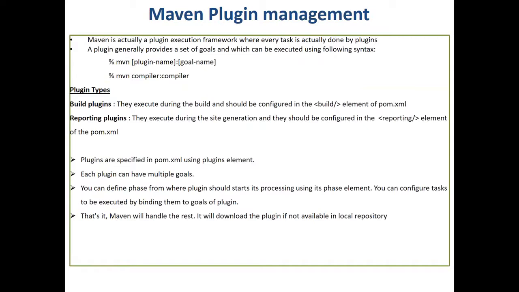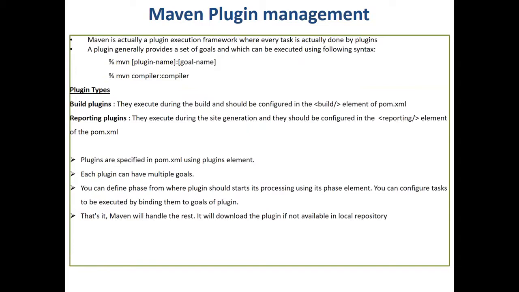So if you want to do anything like this other than the default behavior of lifecycle, then you have to specifically tell by using a plugin corresponding to a task. For example, I wanted to connect to a database, right? So I have to give the details about the database plugin to Maven so that we can instruct Maven to do something in a different way other than the standard behavior.